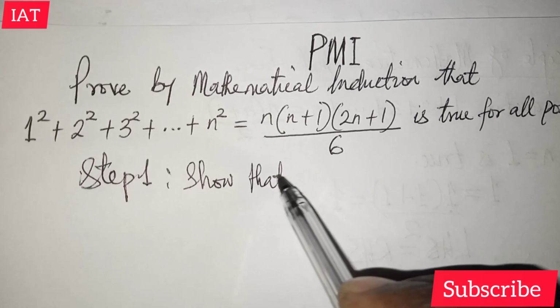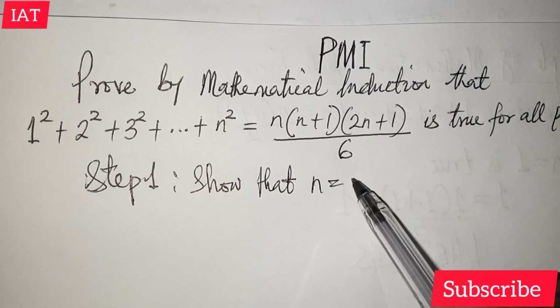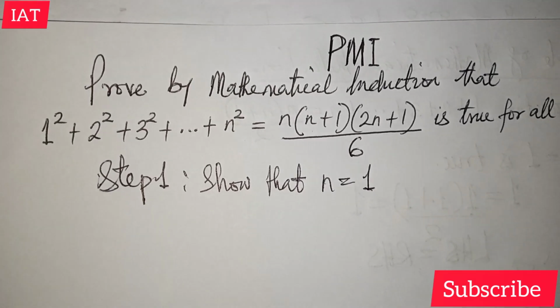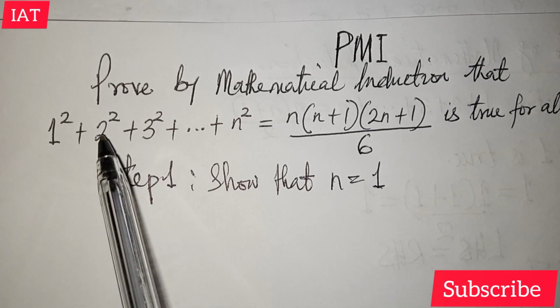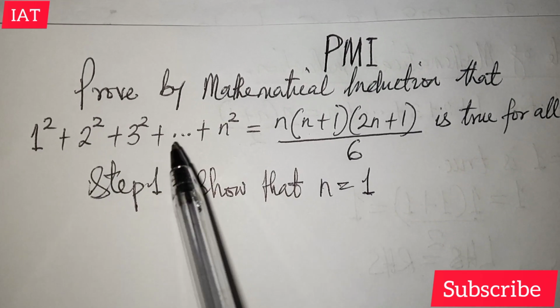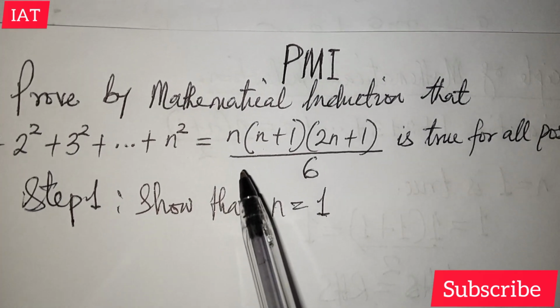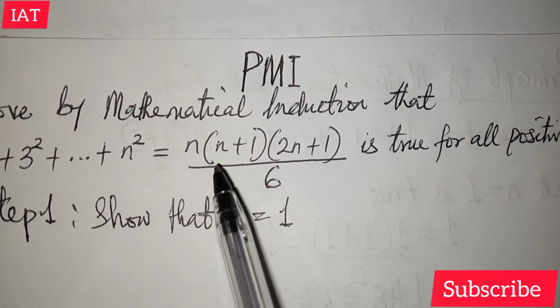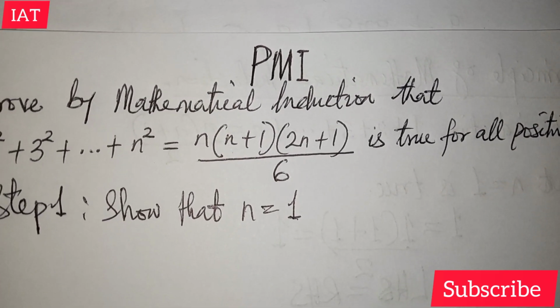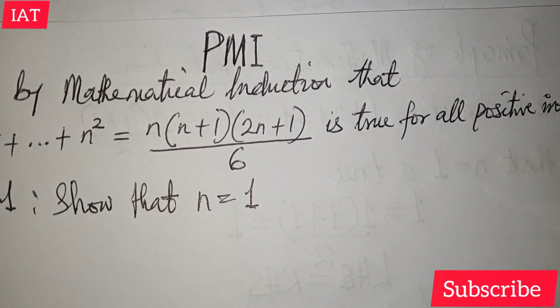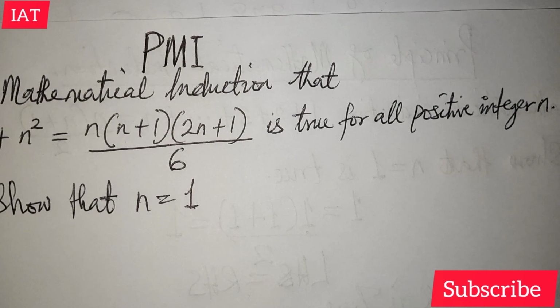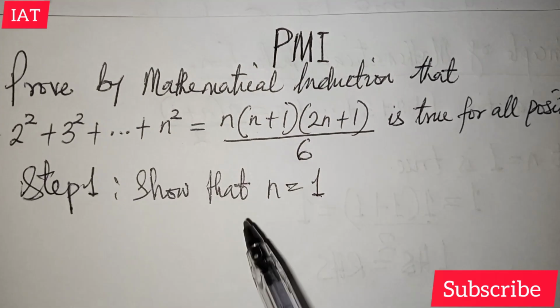n equal to 1 is true. So if we make n equal to 1, at this point you can see that we have 1 square plus 2 square plus 3 square up to n square is equal to the right hand side, n into n plus 1 into 2n plus 1 all over 6, is true for all positive integers n. So what do we need to do at this point?